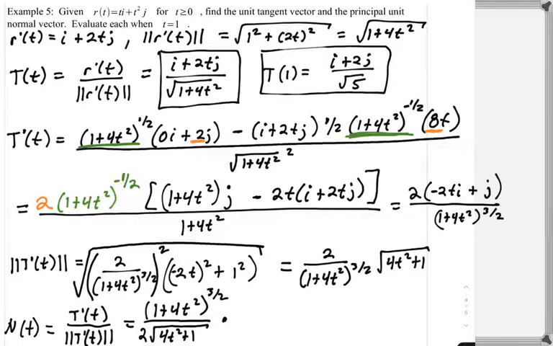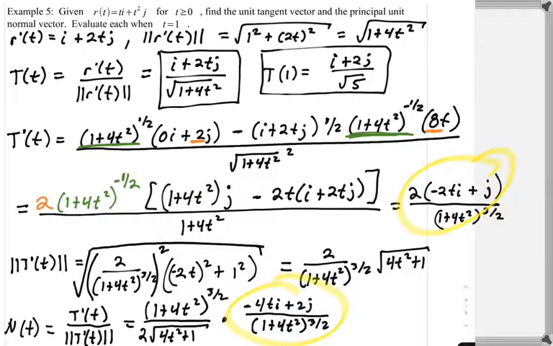So this right here is the magnitude of the derivative of the unit tangent vector. That would be in the denominator, so we'd flip it over, just to facilitate how much space we have left. And then we've got negative 4t i plus 2j all over (1 plus 4t squared) to the 3 halves. And so that is your derivative of your unit tangent vector.